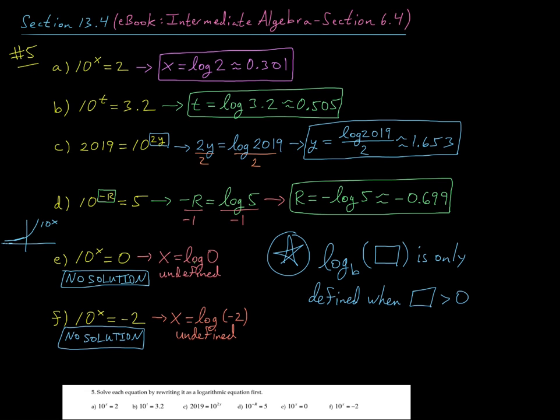Like we're seeing here, if I try to take the log of 0 or the log of negative 2, I'm going to run into problems. And it has to do with the fact that for exponential functions, their values cannot come out to be negative. So this is a consequence of that. All right, that's going to do it for this problem.